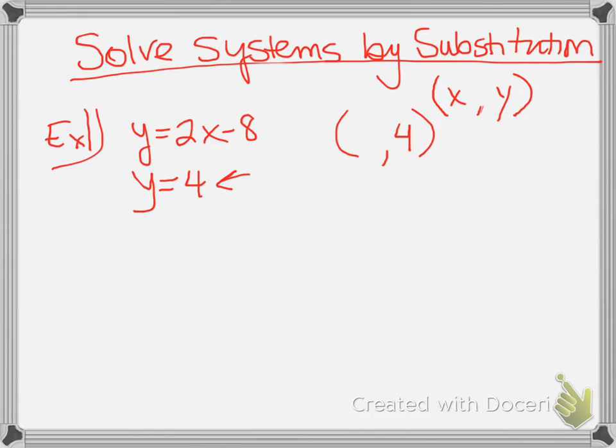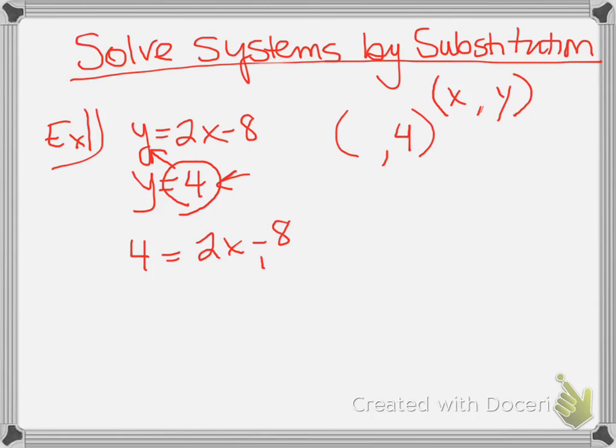Here's where the substitution comes in. I have to figure out what x is. In the other equation, I'm going to take this 4 and substitute it in place of y, because that's what it tells me y is. So I would write 4 equals 2x minus 8, and I have to solve that for x. I need to get x alone.